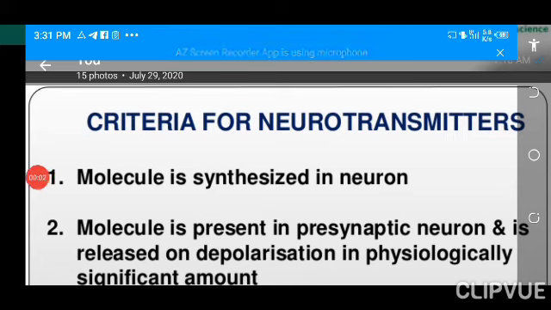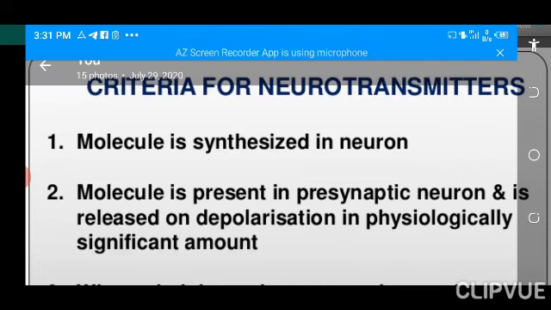Finally, before we end this discussion, there are 4 criteria that must be met before we can classify a chemical substance as a neurotransmitter. Number 1, the molecule must be synthesized in the neuron.